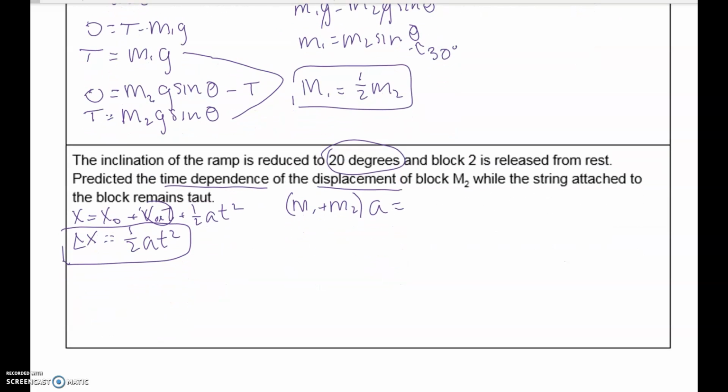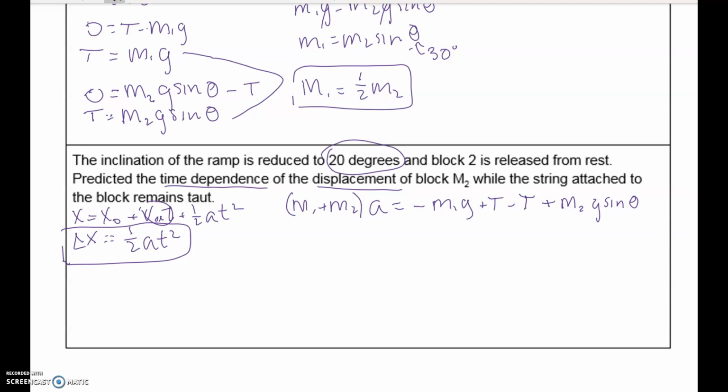Negative the weight of block 1, positive tension acting on block 1, negative tension acting on block 2, and then the positive x component of gravity, the component of gravity acting along the ramp, m2g sine theta. We found that earlier in the problem.